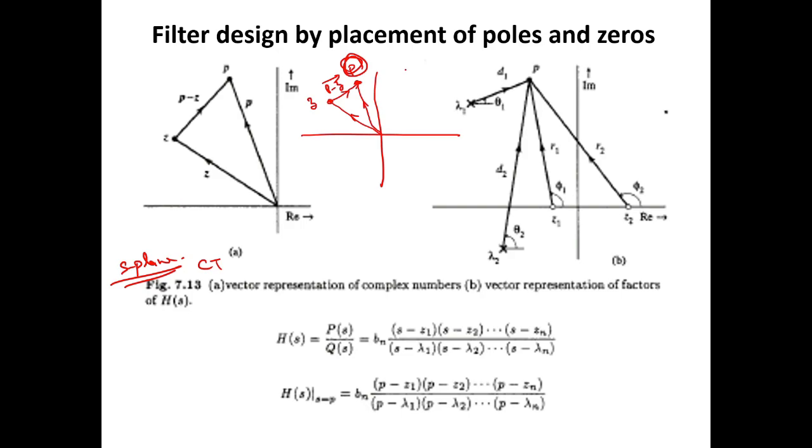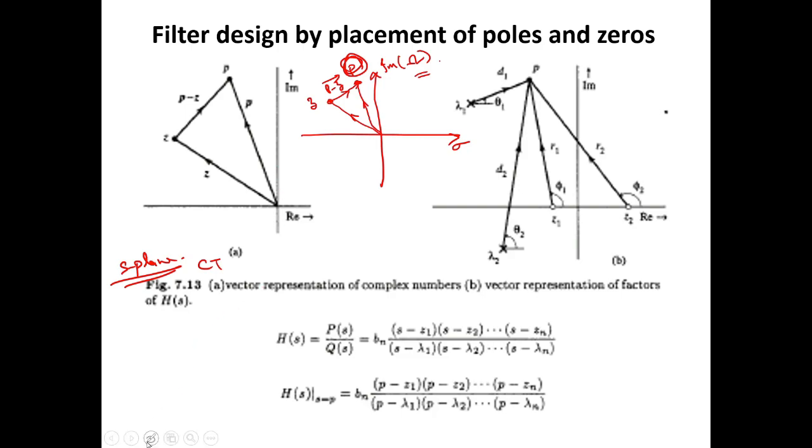If this P is present at any point, it becomes a complex number having both real and imaginary parts, right? Because in the S plane, the x-axis is real and the y-axis is the imaginary axis, which is basically the frequency axis. So if you put the point anywhere, this point has both a real and an imaginary component. But we are only interested in the imaginary component because we are interested in the frequency domain.